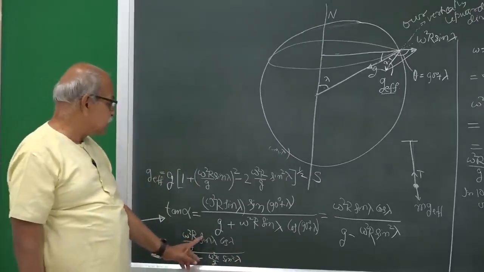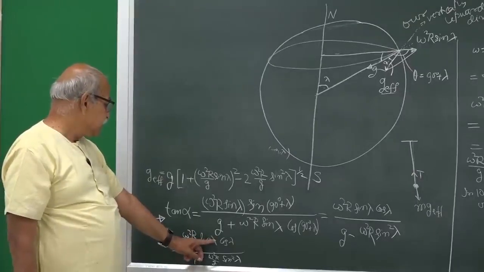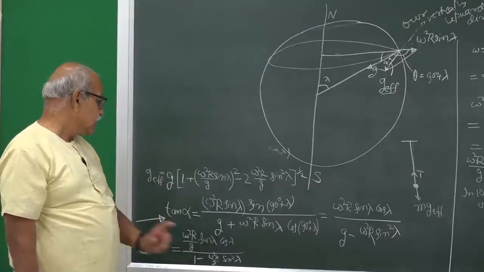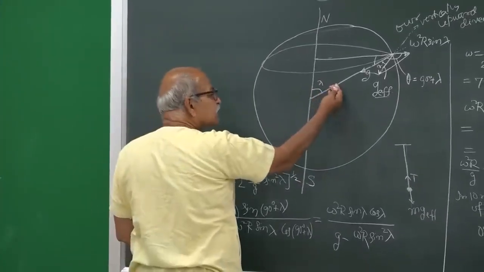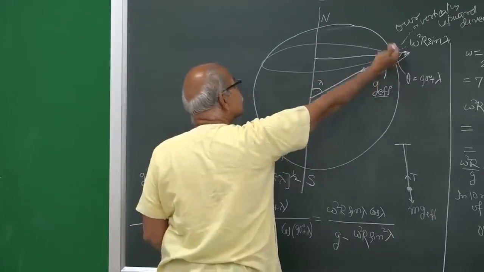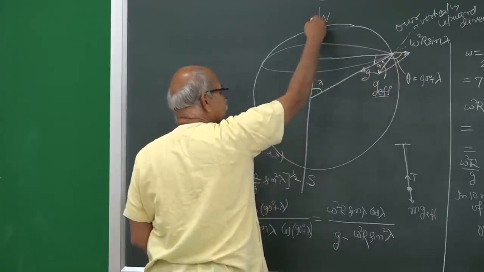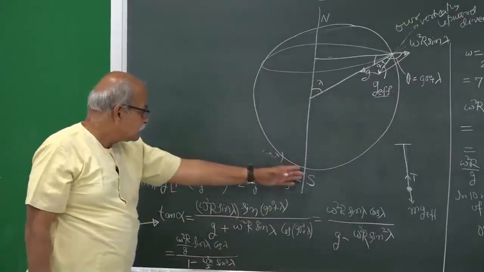Now, see what happens to this if I make lambda equal to 0. If I make lambda equal to 0 on the globe, where am I? I am at the North Pole, or if this lambda is pi, I am on the South Pole.